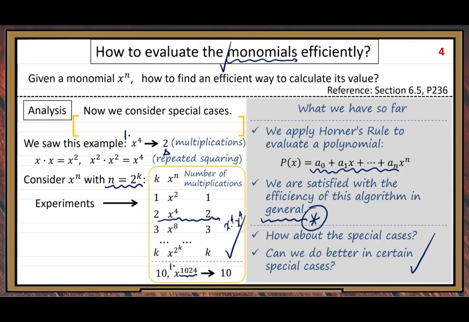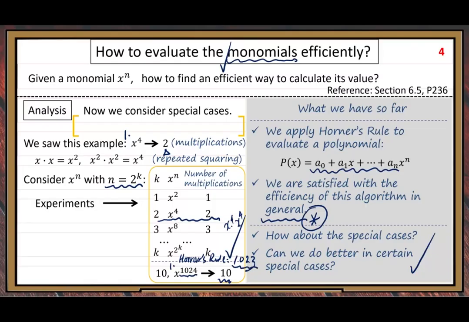So n minus 1. So the number of multiplications by Horner's rule, answer: 1023.